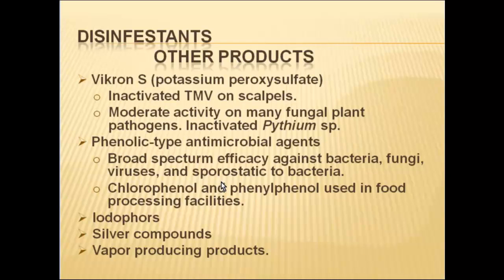Some of your polyphenols are used in hand soaps for hand washing. So they have efficacy. I'm not sure why they're not marketed more for agricultural use, though some of these compounds like the iodophors, which is a stabilized form of iodine, are used in some of the animal production facilities, even though we're not using them in some of the plant production facilities.